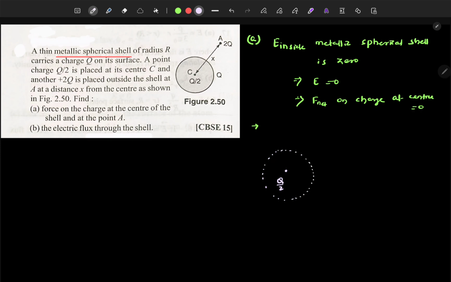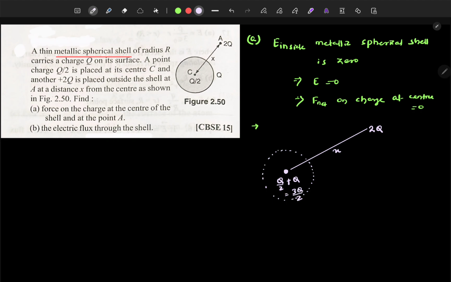So we can think the whole charge is concentrated at the center of the sphere. So at the center we can think total charge is Q by 2 plus Q, which equals 3Q by 2.